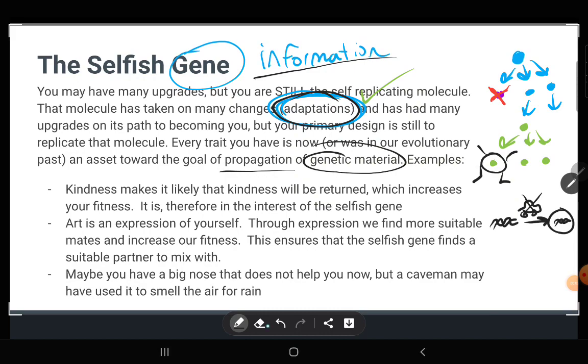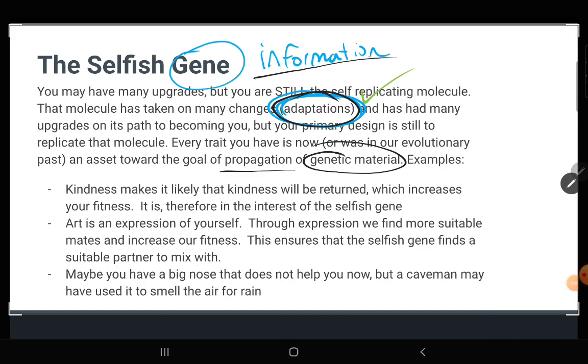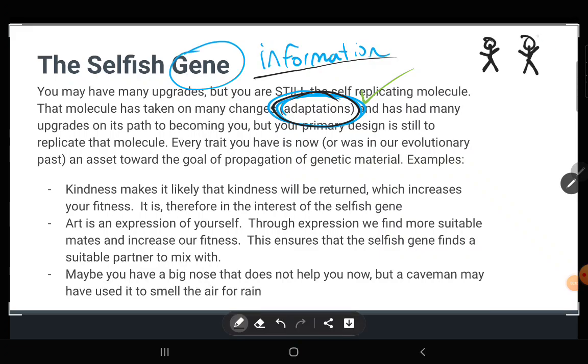So let's say, for example, there's two guys, or two cavemen, right? One of them is a nice guy, he's very faithful to his wife, and then the other guy is a cheater.